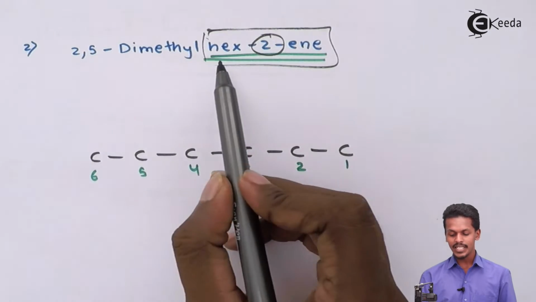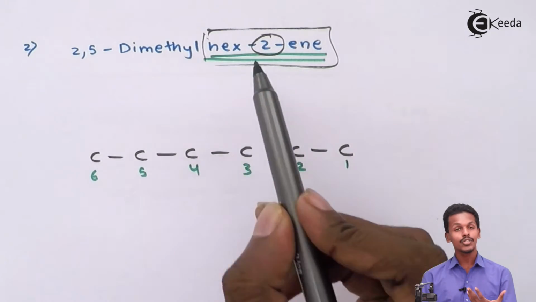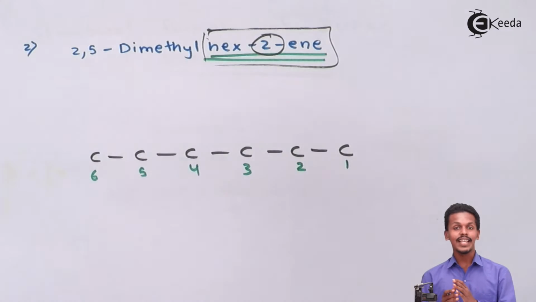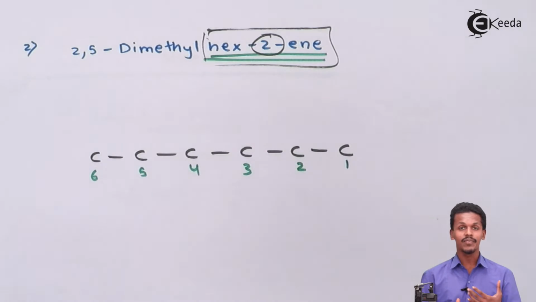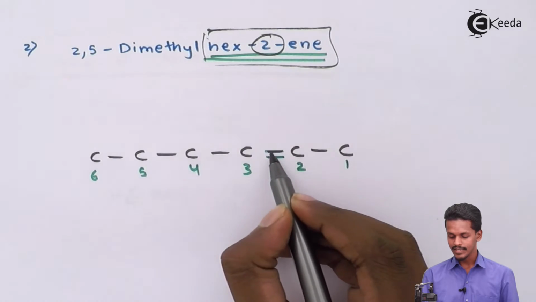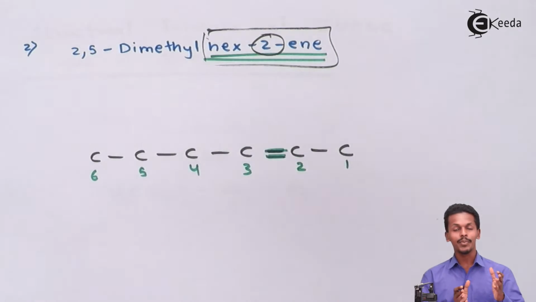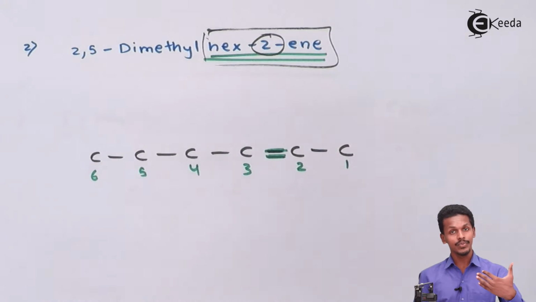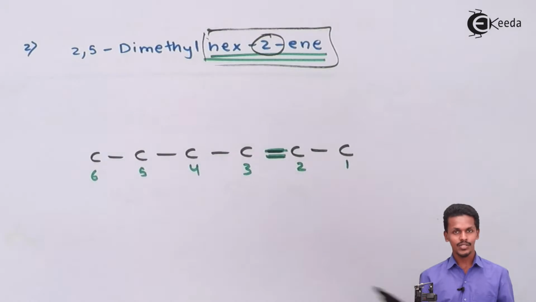In this case we are saying that it is hex-2-ene, indicating that the second carbon atom will have a carbon-carbon double bond attached to the third carbon atom. That is, the carbon-carbon double bond is between carbon number 2 and carbon number 3. Or we could say that the double bond arises from carbon number 2 to carbon number 3. So this is what we did.